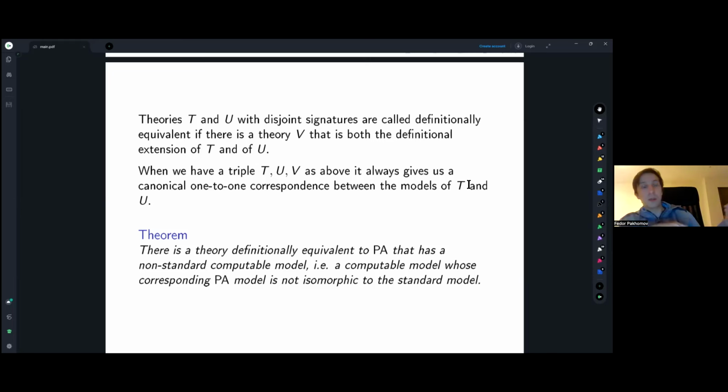You construct, in theory T, some very particular models of U. For example, ZF plus the continuum hypothesis and ZF plus the negation of the continuum hypothesis will be mutually interpretable, of course.